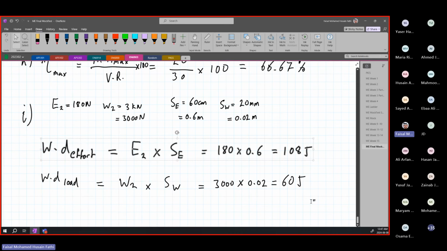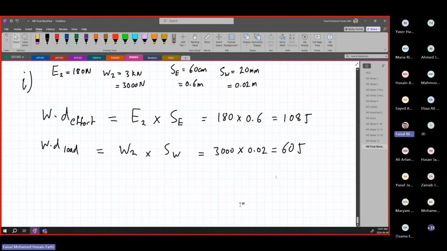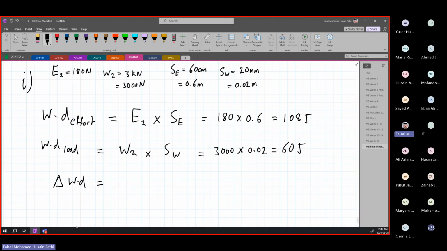So we found the work done due to effort, and the work done due to the load. Now, what do you need to do? You need to find delta work done, the change of work done. So the work of the load minus the work of the effort, because the load is your output, the final work out minus work in.